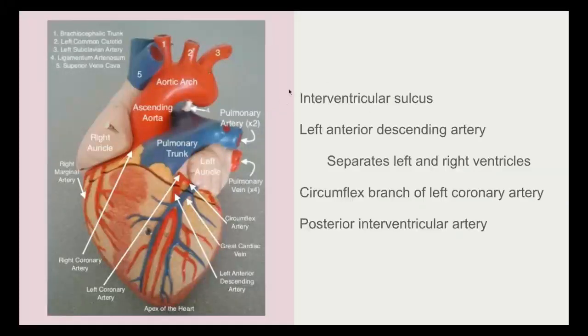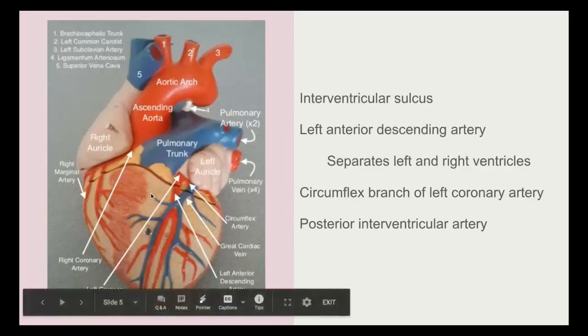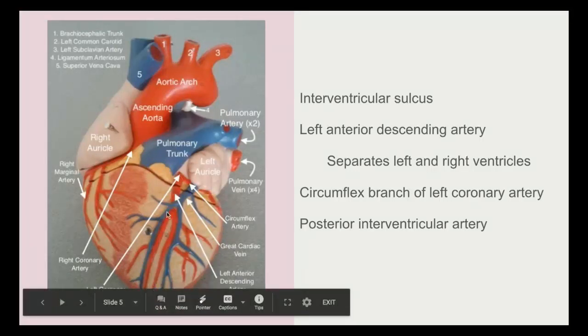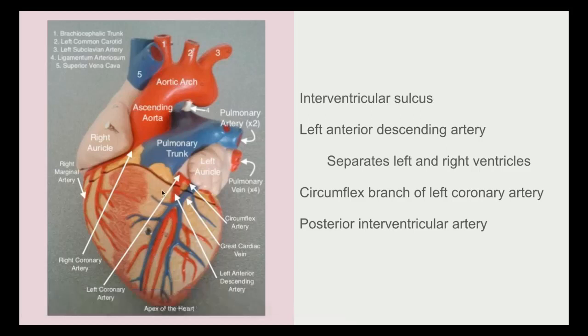Next, we have the interventricular sulcus. Remember, a sulcus is just a shallow groove or a shallow depression. Coming down here, we know that we have one ventricle and another ventricle. The interventricular sulcus is going to be running right between those two ventricles. And within the interventricular sulcus, we have the left anterior descending artery.